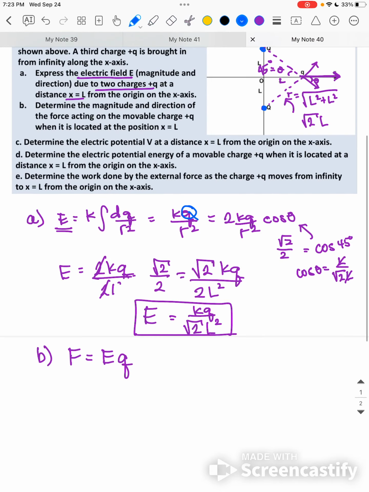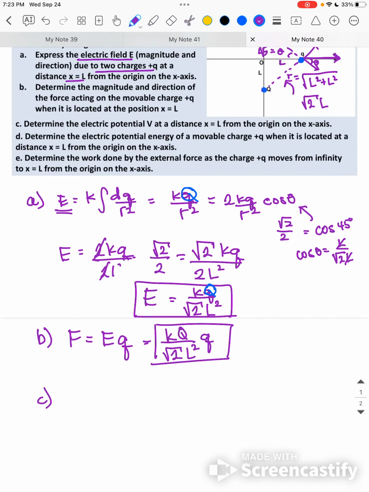When I plug in my test charge, it's supposed to be a little q, because that's this little q at this point right here. So to simplify this out, I just write out my K big Q over root 2 L squared times little q, and that is my electric force.